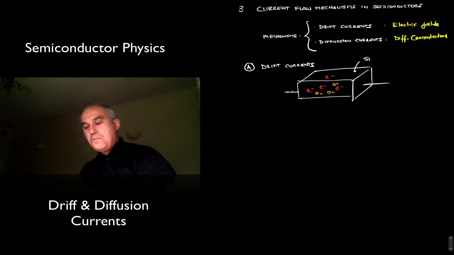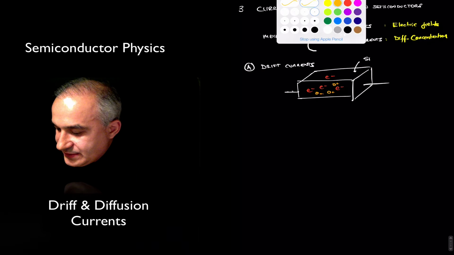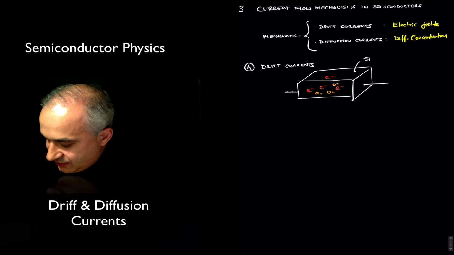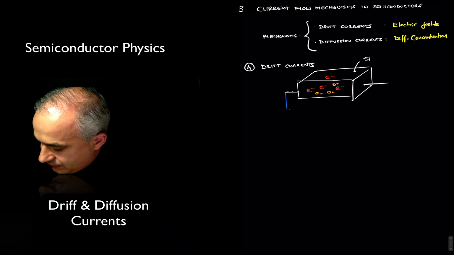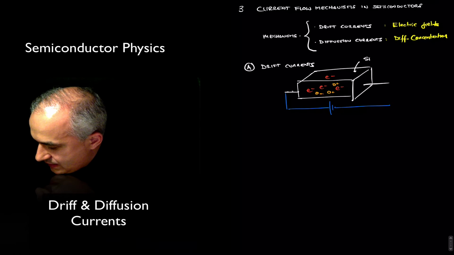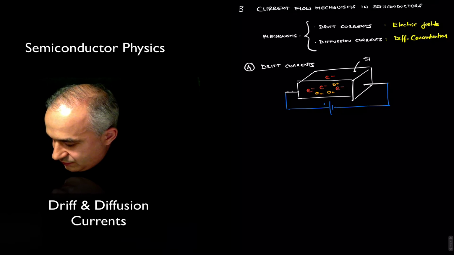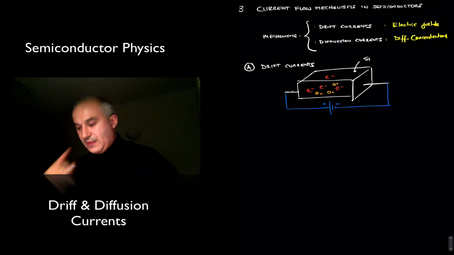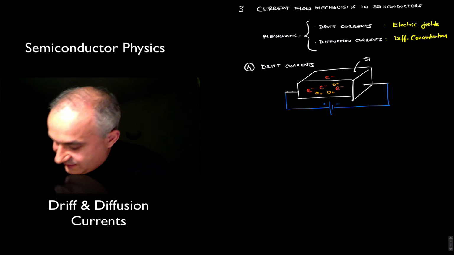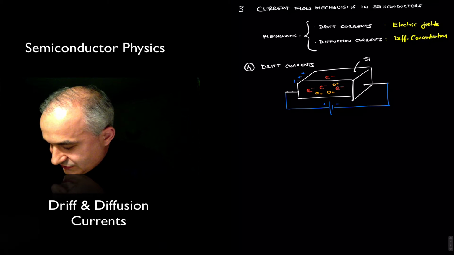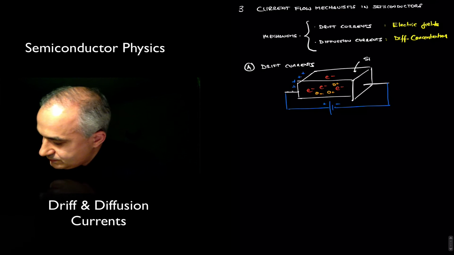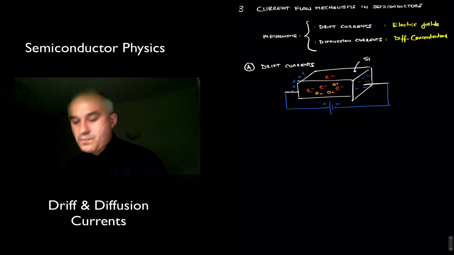And what happens if we connect an external electric field? So we connect here a battery, for instance, right? This is an electric field. Here we have positive charge, negative charge. So this is a difference in potential. Effectively, we are putting positive charge in one edge, negative charge around here, right?